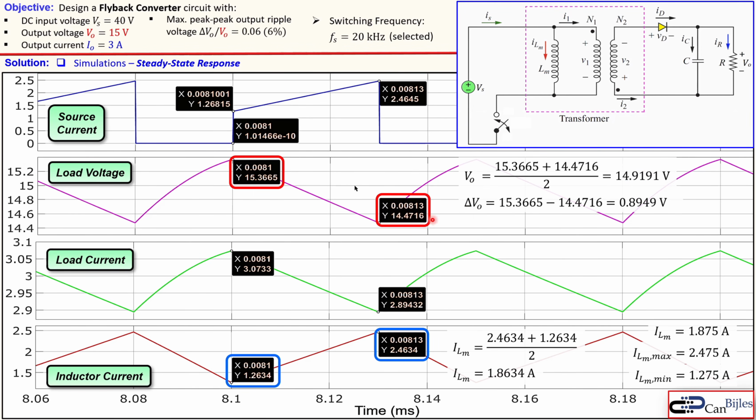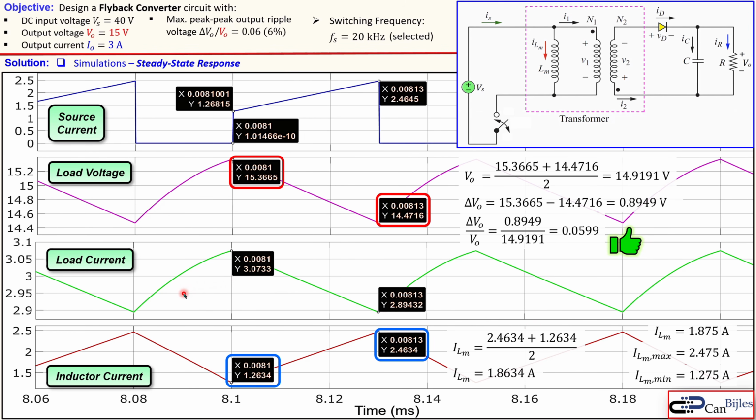And the peak value will be then here just the maximum minus the minimum, which is 0.8949 volts. Well, the ratio here, which is of course maximum 0.06 as allowed, we can calculate that using the measured values from the simulation. That will result in 0.0599, so close to 0.06, again below that value, so it is indeed as we wanted.